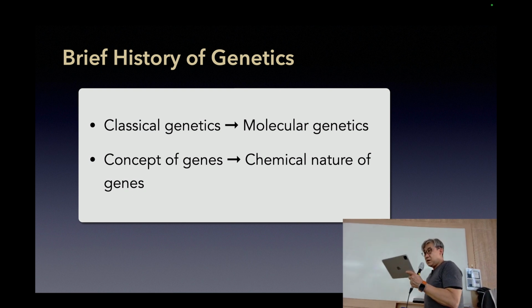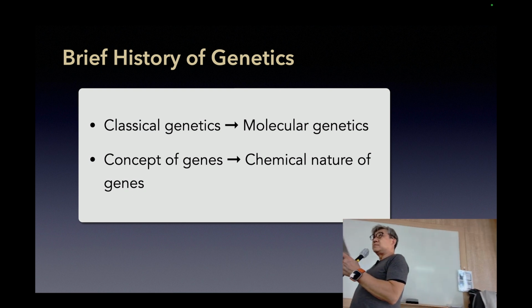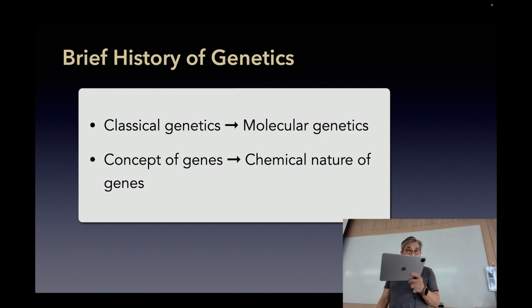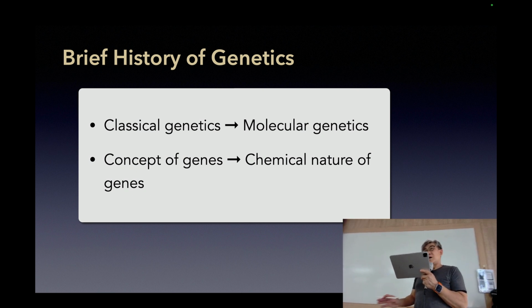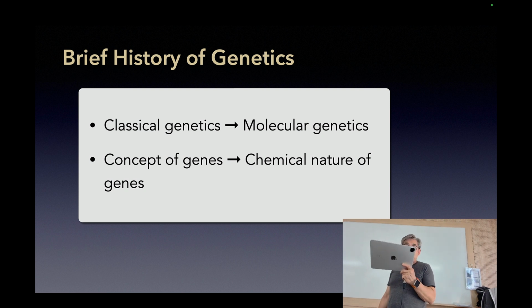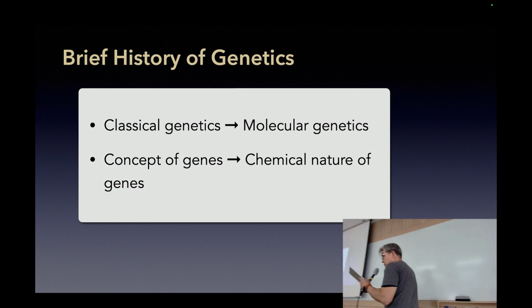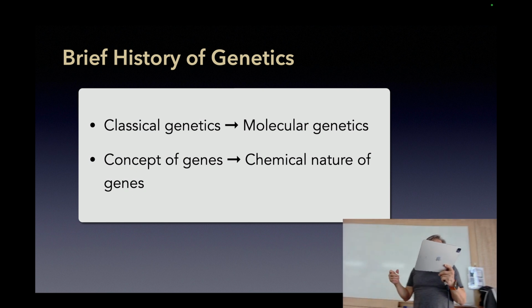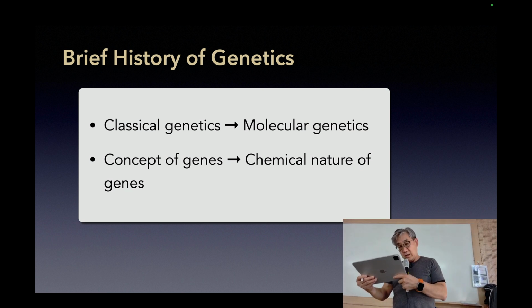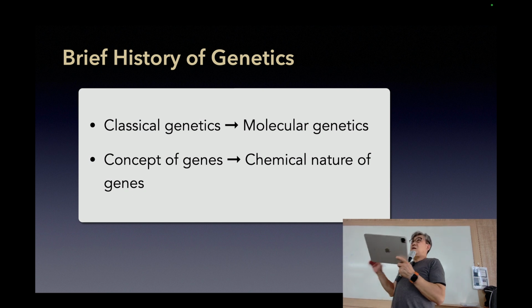However, if you really think deeply, classical genetics and molecular genetics cannot be separated. Actually, it's just one continuous branch of life science, but the way people view their perspective and the way they try to solve problems in the subject has changed a little.